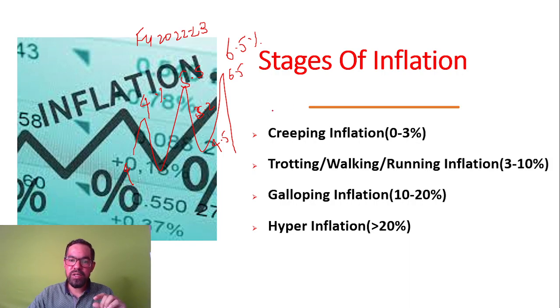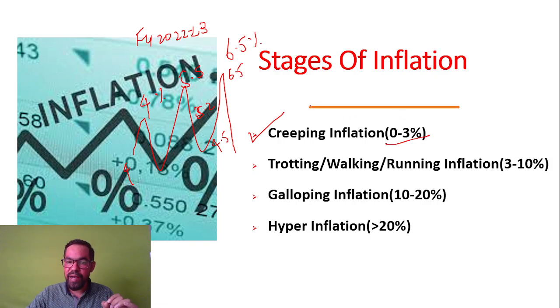The first stage is creeping inflation. Some economists say 0 to 3%, some say 0 to 2%. Those economies where the general range of inflation is 0 to 2% are categorized as creeping inflation.